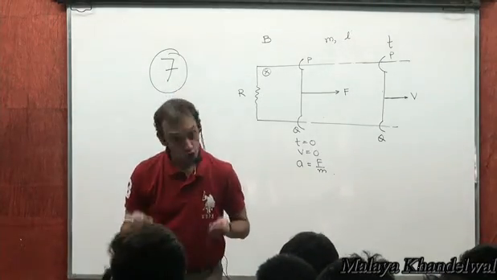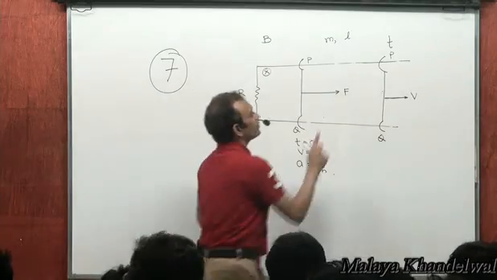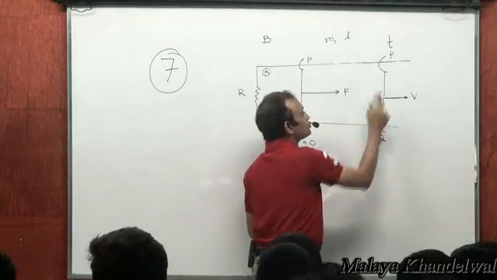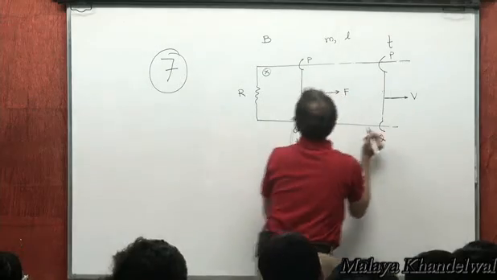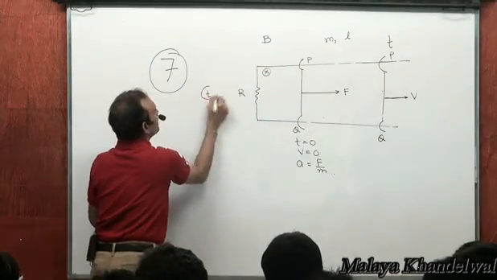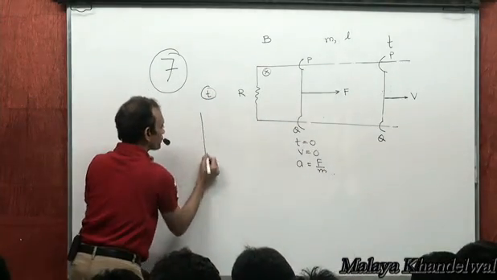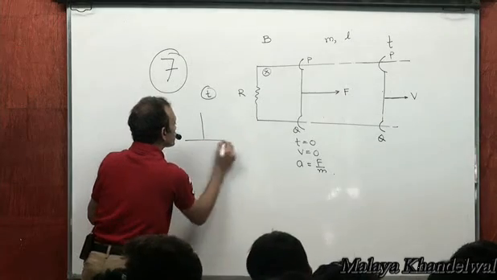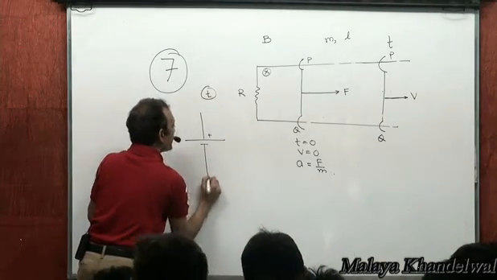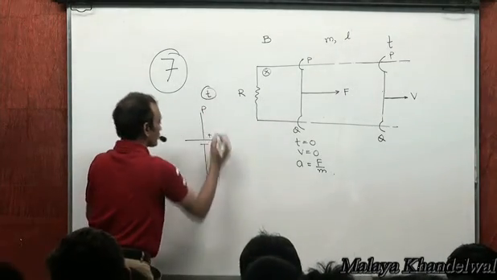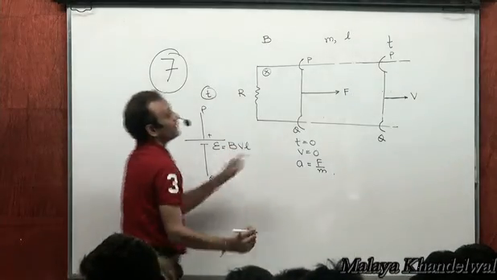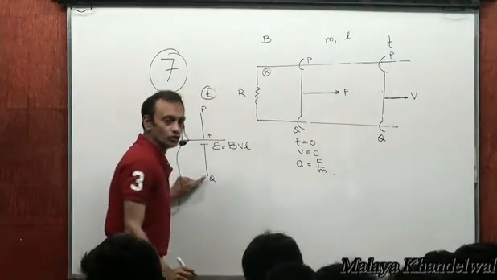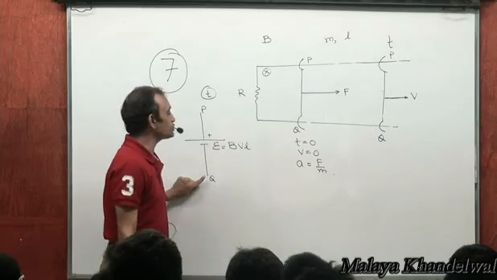There is going to be a motional EMF. V is like this, B is into, so V cross B would be towards P. So across PQ at an instant of time t there is going to be a motional EMF epsilon, which is BVL, where P is at a higher potential compared to Q. Right?